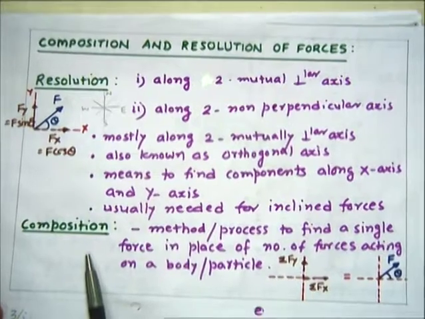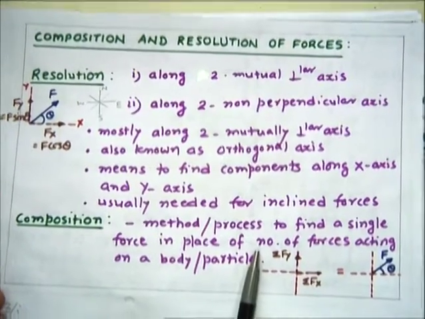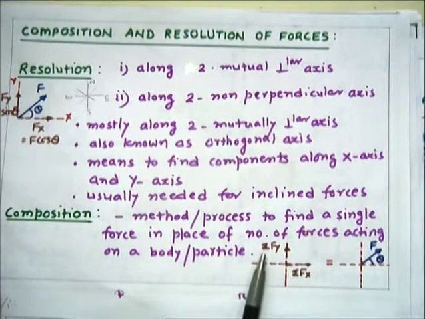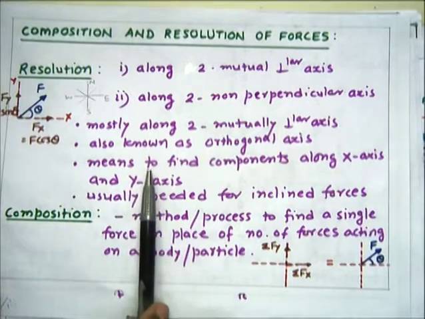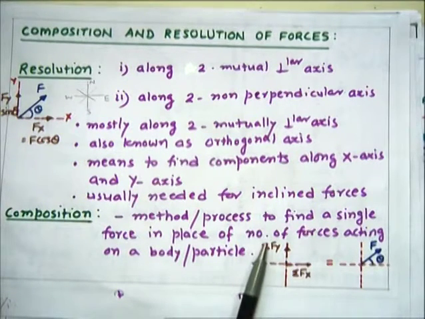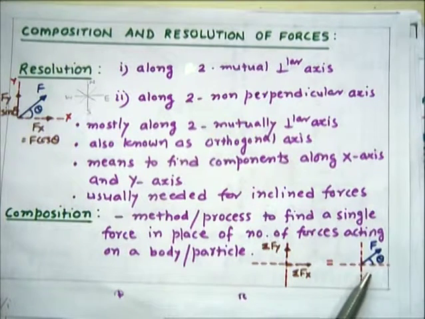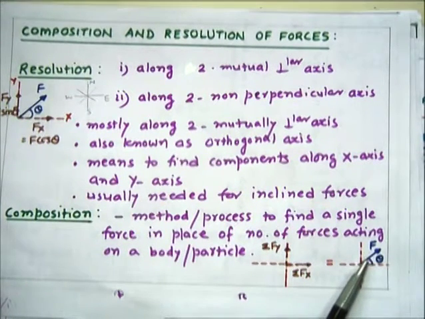Composition then is the method or process to find a single force in place of a number of forces acting on a body or particle. So this is actually the reverse of resolution. Here, say for so many inclined forces we have determined sigma Fx and sigma Fy. Then in place of sigma Fx and sigma Fy we can find a single force F, and also its angle.